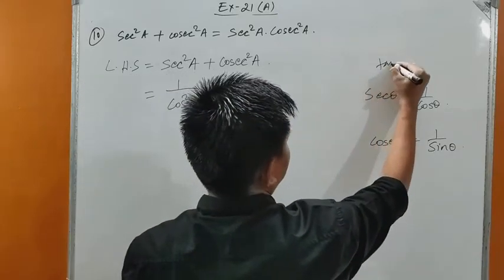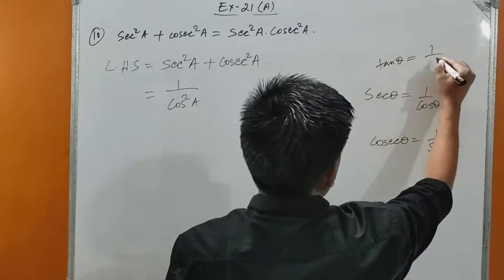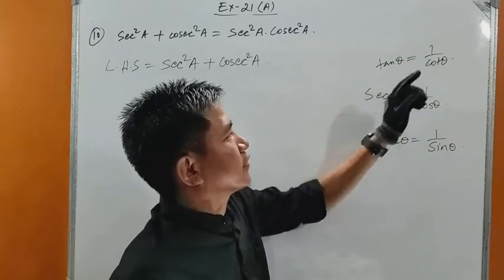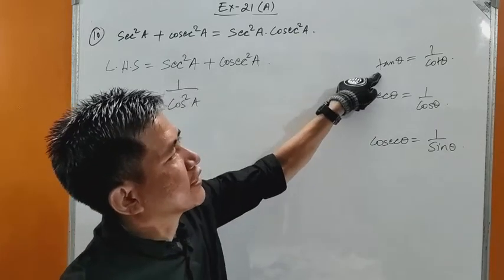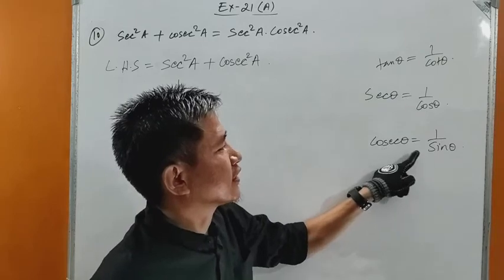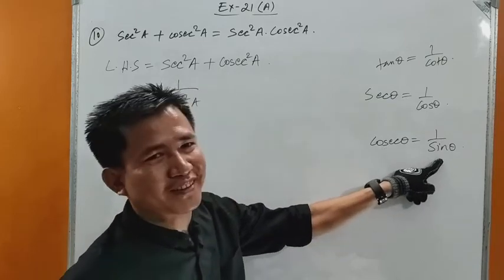And tan theta, let me write this. This is not used right now, but I am writing this for you anyway. Tan theta equals 1 upon cot theta. These are opposites. Tan theta is opposite to cot theta, sec theta is opposite to cos theta, cosec theta is opposite to sin theta.